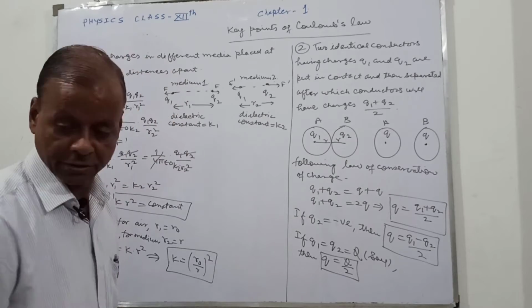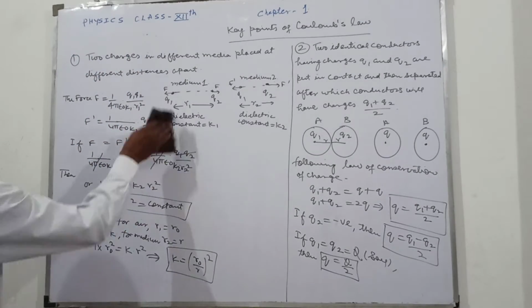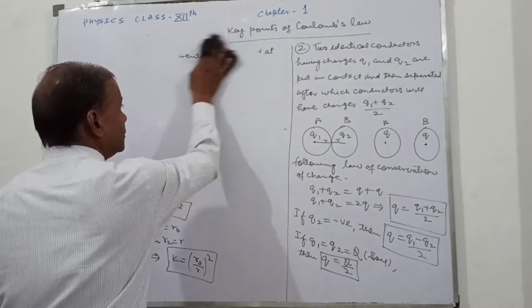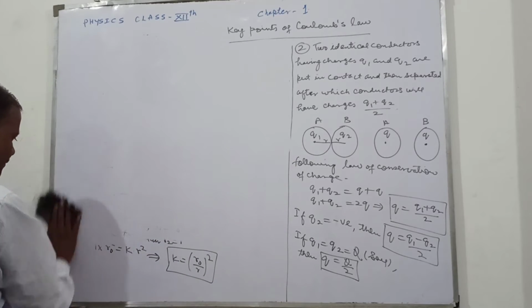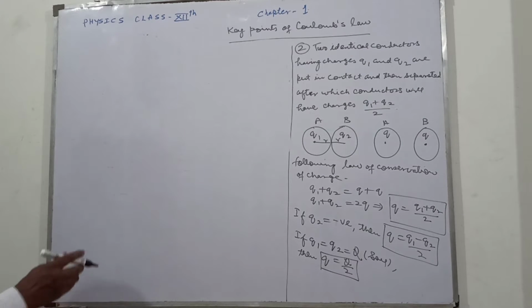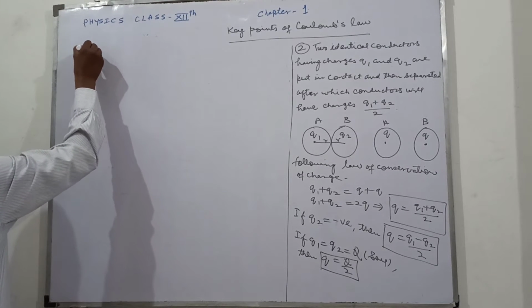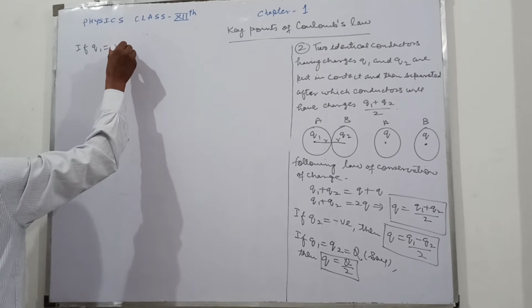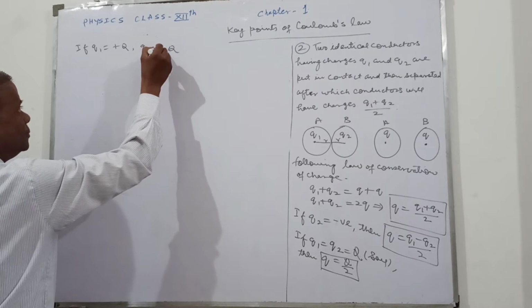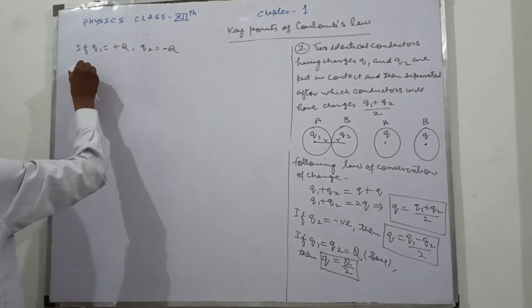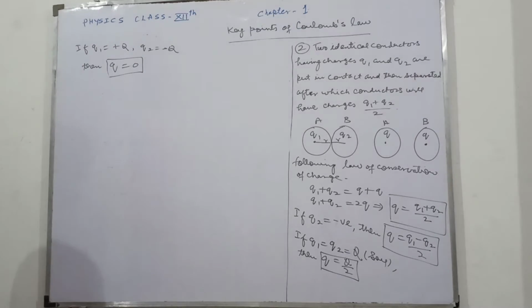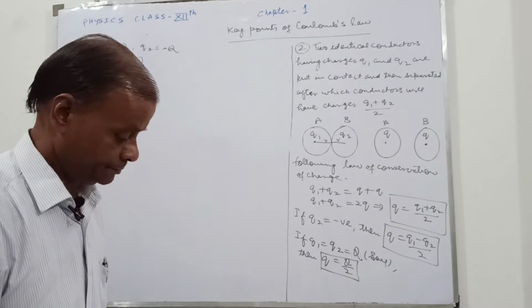And if we have Q1 equal to plus Q and Q2 equal to minus Q, then Q is equal to 0. So they will become neutral after the separation.